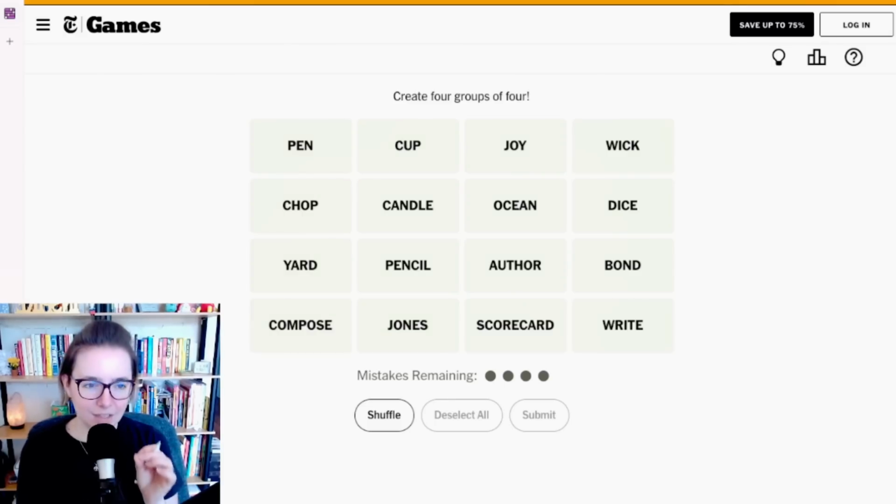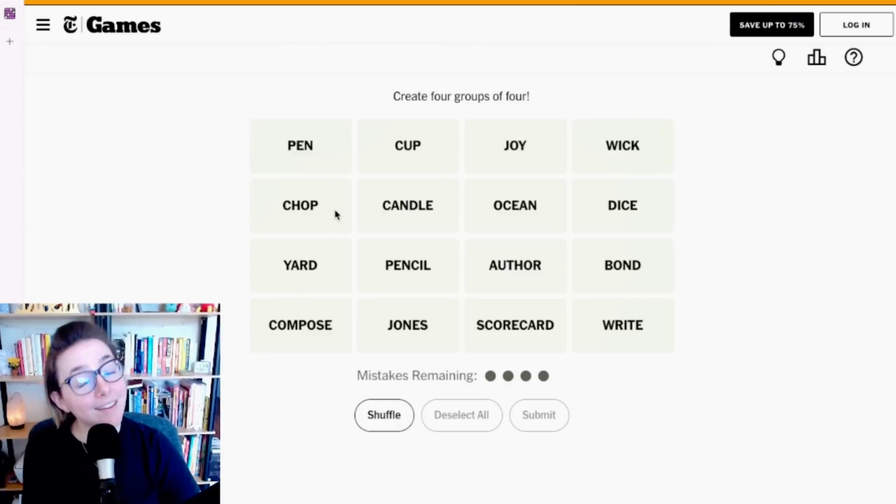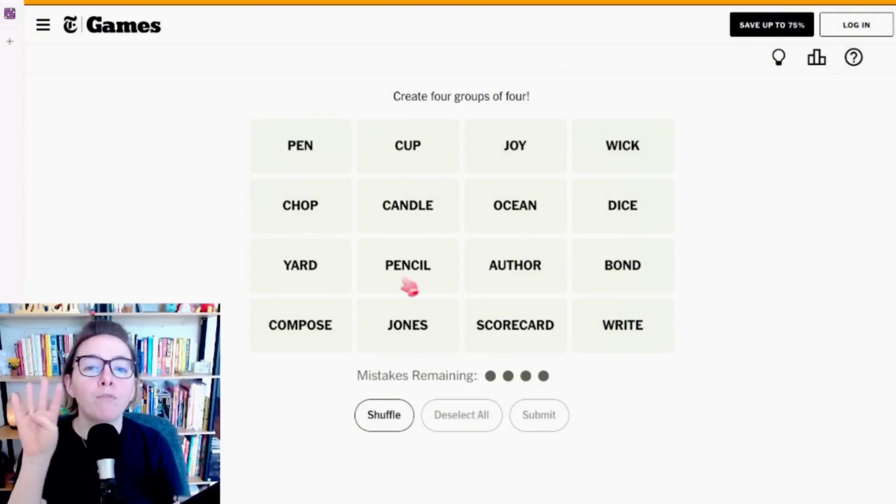So let's take a look at more of these words. We have pen, we have cup, joy, wick. So let's start building connections. So pen is also similar to pencil, but we're looking for groups of 4.